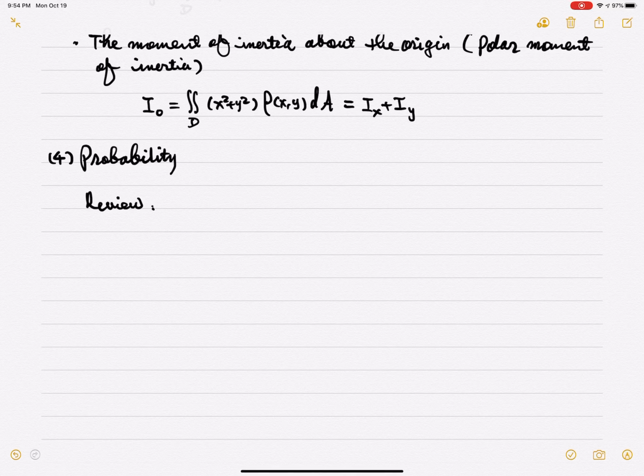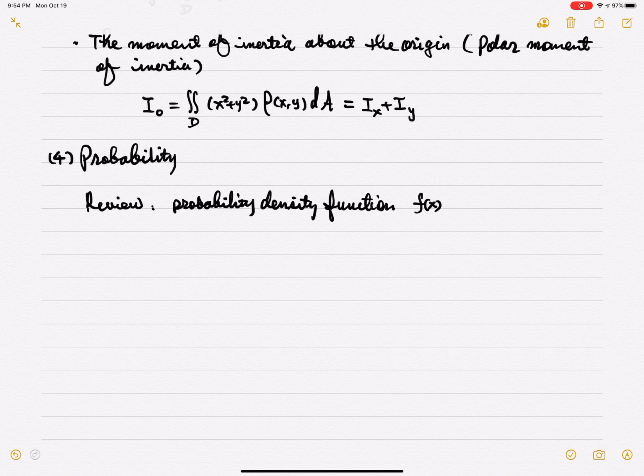Say here, probability density function of one variable, y equal to f(x).